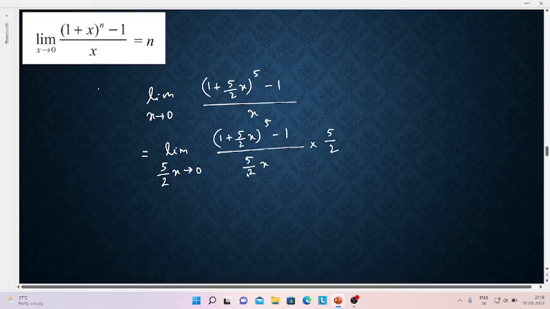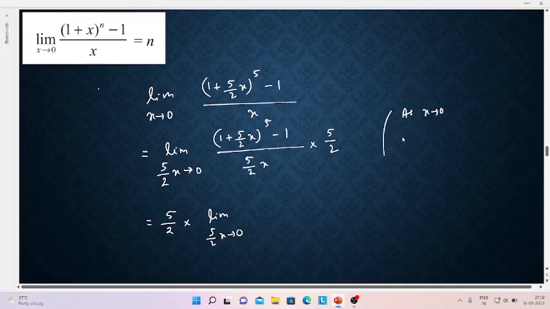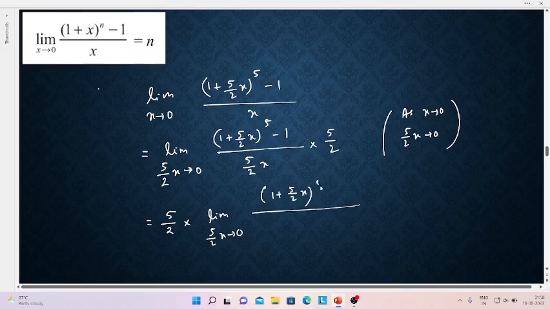After cancelling the 5 by 2 and 5 by 2, the total function will be as it is, as the previous one, right? So here you can see that 5 by 2 should be outside of the limit, and what we will have is limit 5 by 2 x tending to 0. You have to write here that as x tends to 0, 5 by 2 times x tends to 0, so the numerator will become (1 plus 5 by 2 times x) to the power 5 minus 1, upon 5 by 2 times x, right?